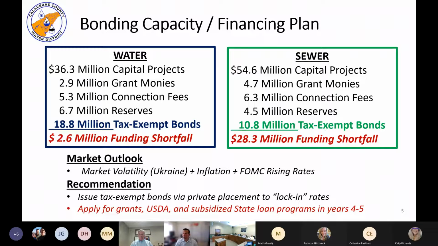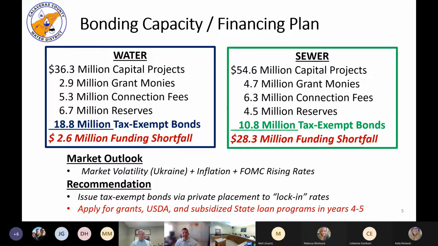Okay. So I'm going to go over once again. We started with the project list. We took out grant monies, connection fees, and reserves, and then using the available fixed dollar R&R fees, we calculated the bonding capacity based on current interest rates.